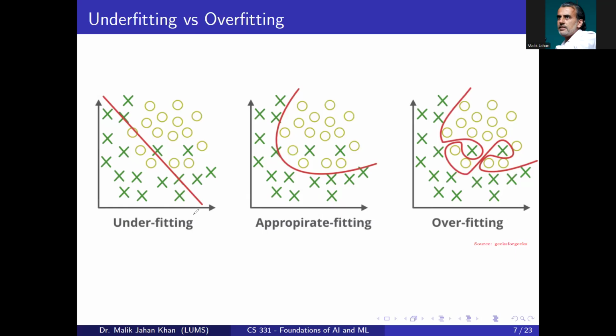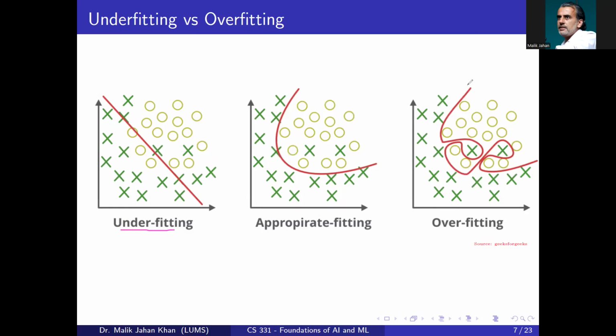As we expose our learner to learn the underlying pattern, it simply fits a straight line. You can see over here that the boundary between these two classes is not really a straight line. So this is what we call a very simple model, and we end up with underfitting.